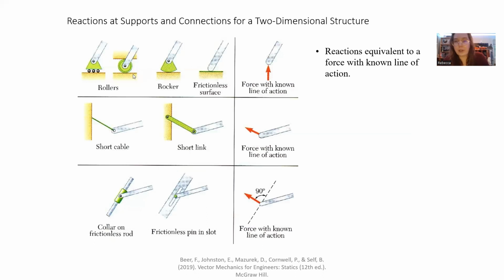Our first thing we'll look at is our rollers, wheels, rockers, or frictionless surfaces. With reaction supports, we want to introduce forces where the support constrains motion, meaning where the support prevents motion from happening. So in these cases, we have a pin up here, so we have some rotational freedom, and we have wheels or some ability to slide.